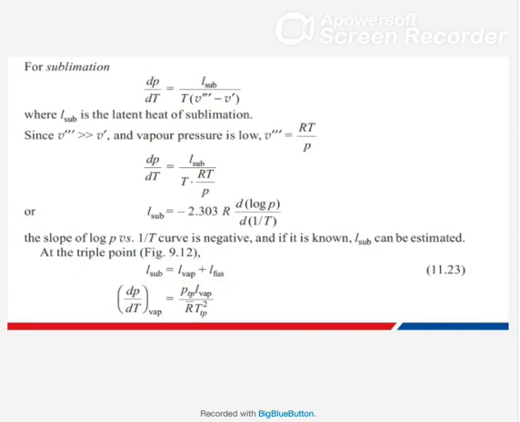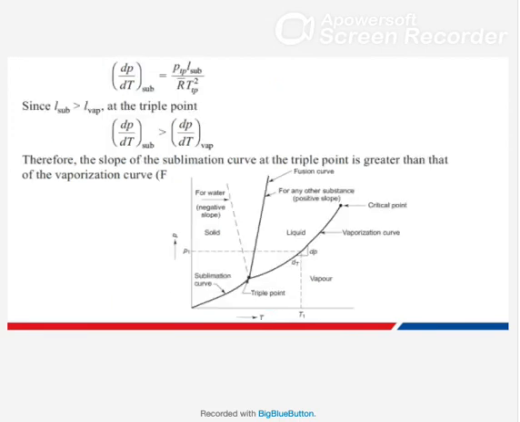So with this particular equation, you can calculate your relation for triple point also, dp by dt. So what we can conclude: this is dp by dt for sublimation, and the previous one was dp by dt for vaporization. Now this L is latent heat.